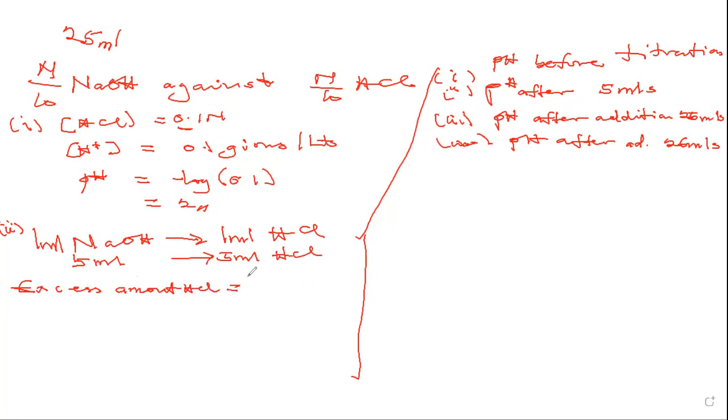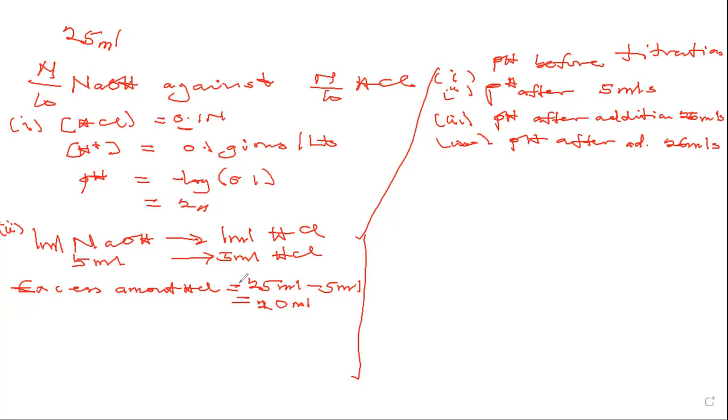That's going to be 25 ml minus our 5 ml, and that is going to give us 20 ml of the acid in excess.